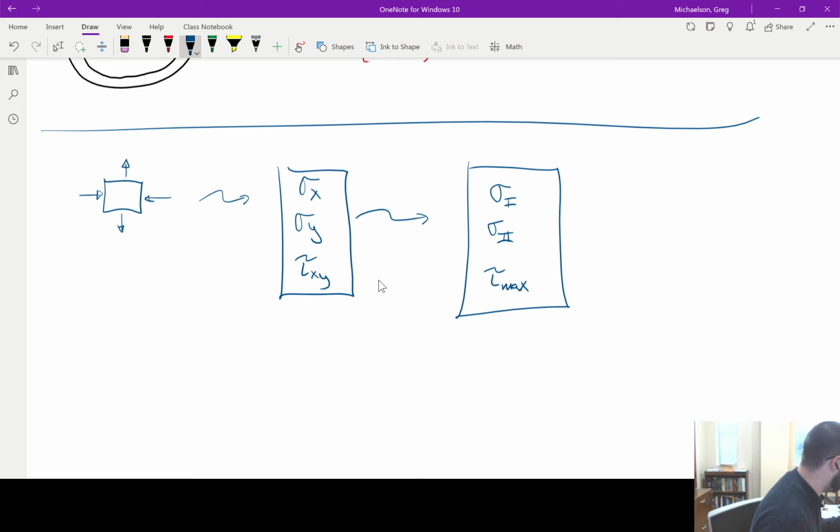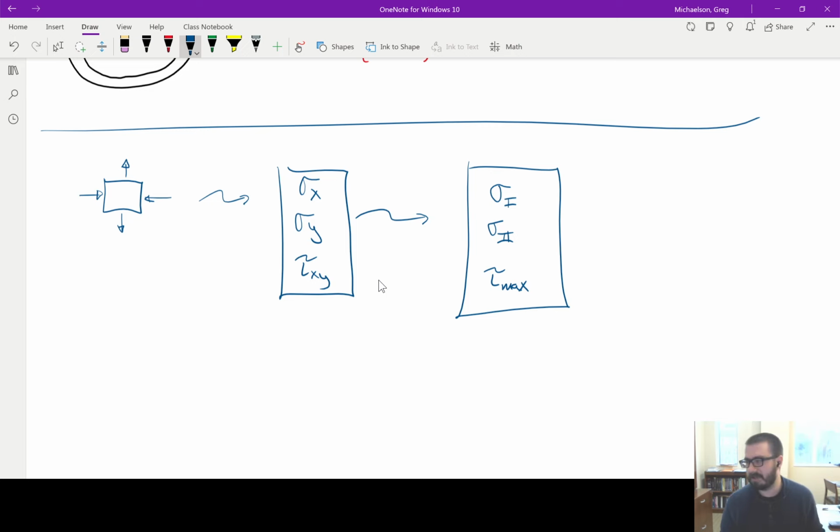The easiest thing to do is to follow what's in the textbook. If you look at the stresses that are listed on page 827, you can see maximum in-plane shear stresses and maximum out-of-plane shear stresses, and they're listed a little differently.